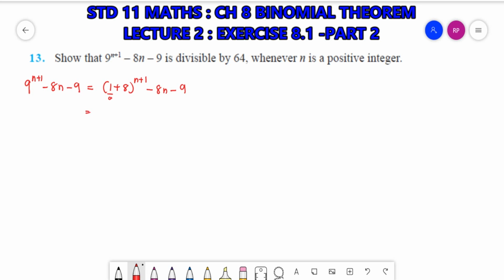So now this is a, b, and n is equal to n plus 1. So (n+1)C0 1^(n+1).